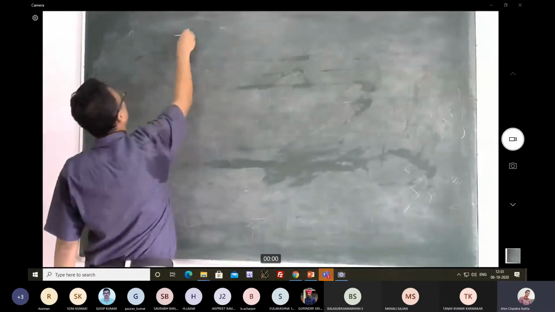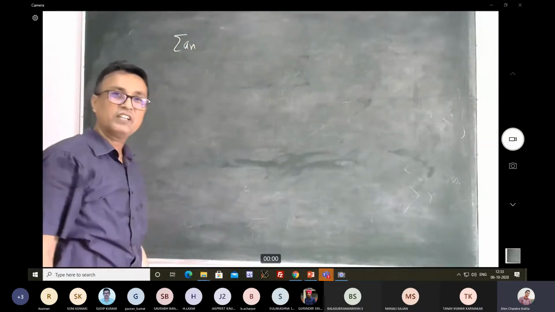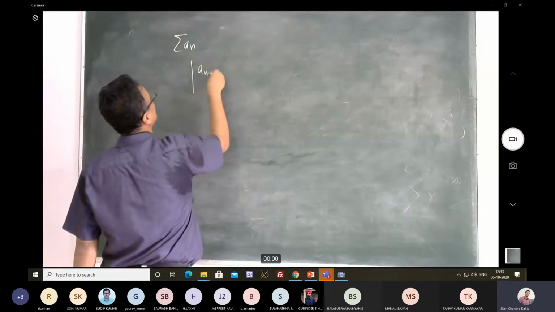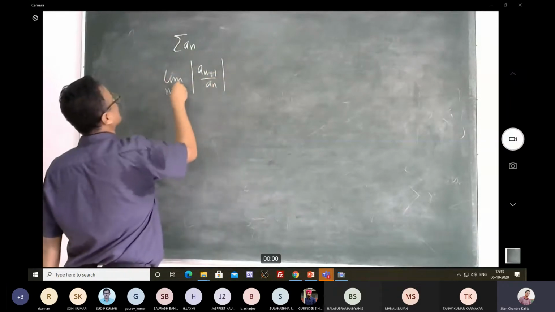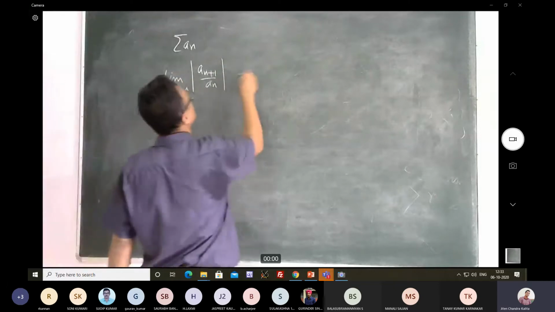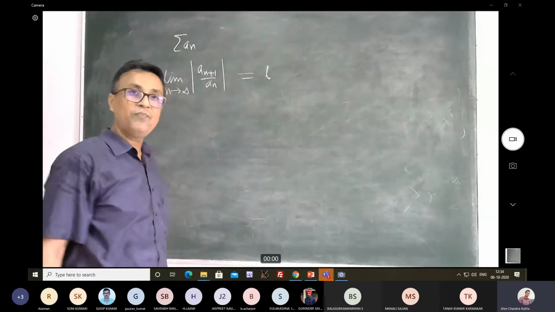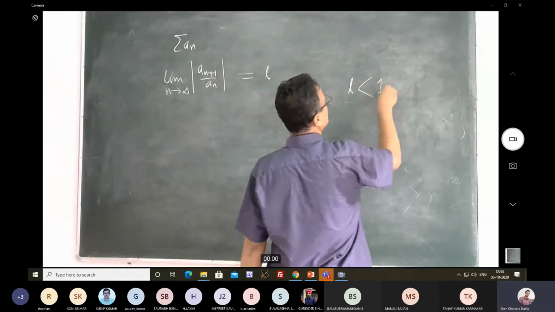Earlier, we considered some infinite series like this, and then we said that if the limit as n tends to infinity of the ratio of successive terms equals L, then by the ratio test the infinite series converges if L is strictly less than 1.